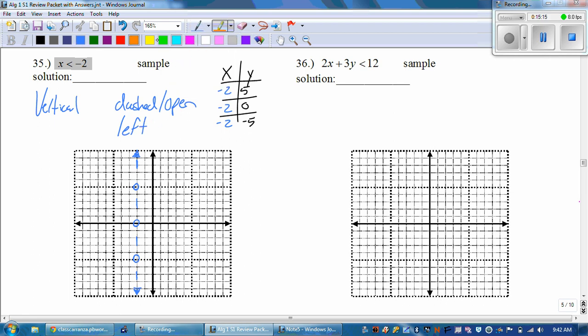Okay? So I need to shade everything to the left of this. And there we go. Now, the next thing it's asking us for is a sample solution. That can be anywhere that's shaded. I don't care, as long as it's in this shaded section, I'm fine with that.